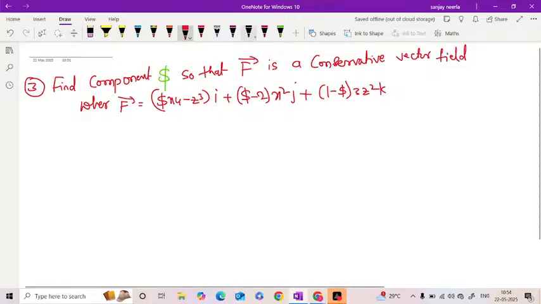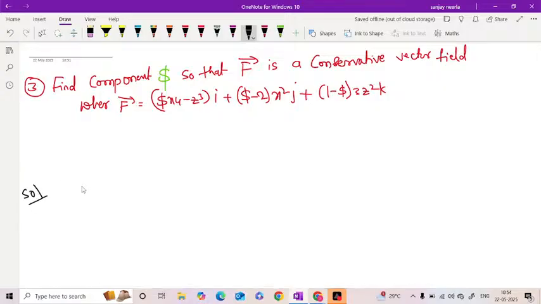So first of all we have to find the lambda. How can you find the lambdas here? What is the idea? The given vector is clearly given as a conservative vector field.